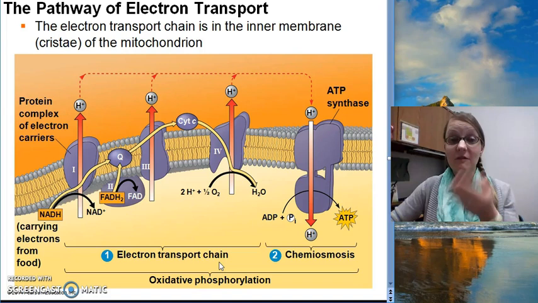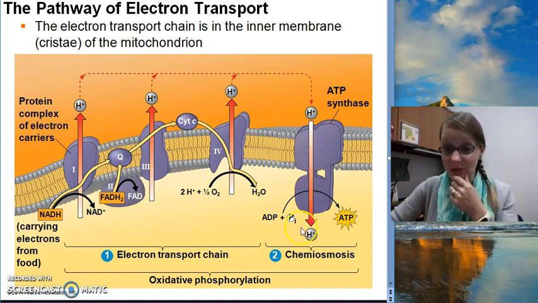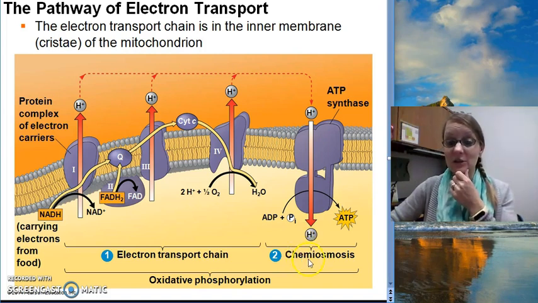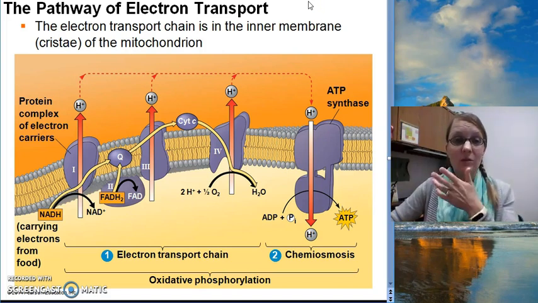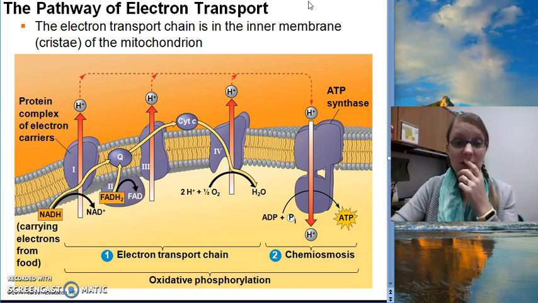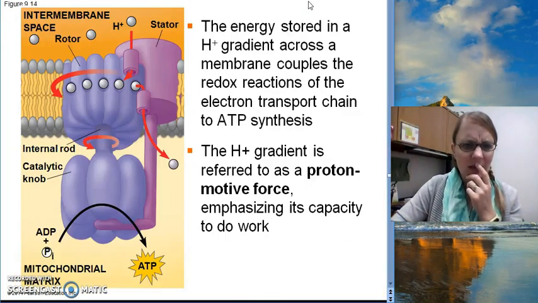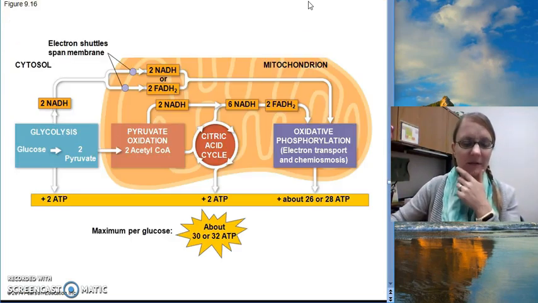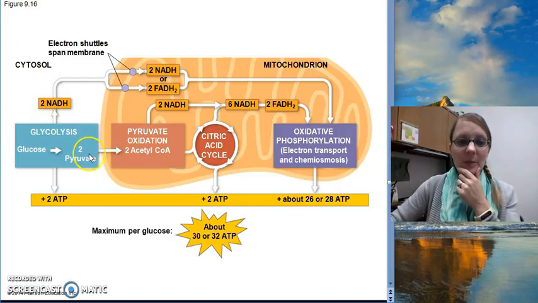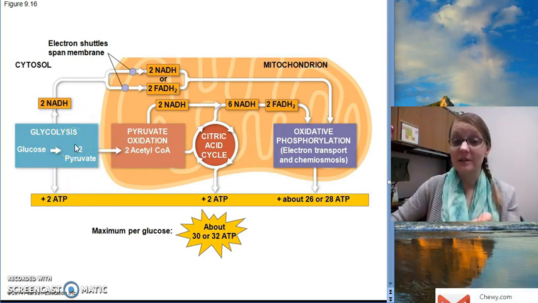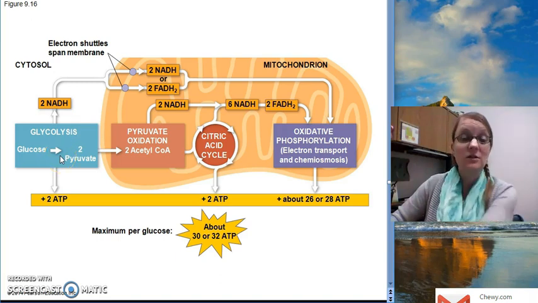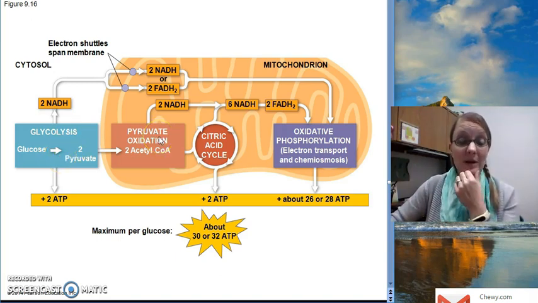And in fact, some of these protons do actually, instead of moving down into the matrix through the ATP synthase, escape the other way, going across the outer mitochondrial membrane. Now, this isn't necessarily lost energy, and I'll tell you why. Let's see if we can get back to this slide right here. Remember that pyruvate that's formed at the end of glycolysis will, in the presence of oxygen, get shuttled into the mitochondria.